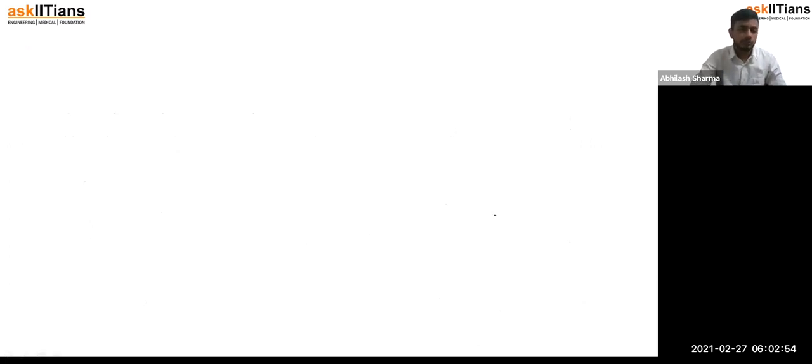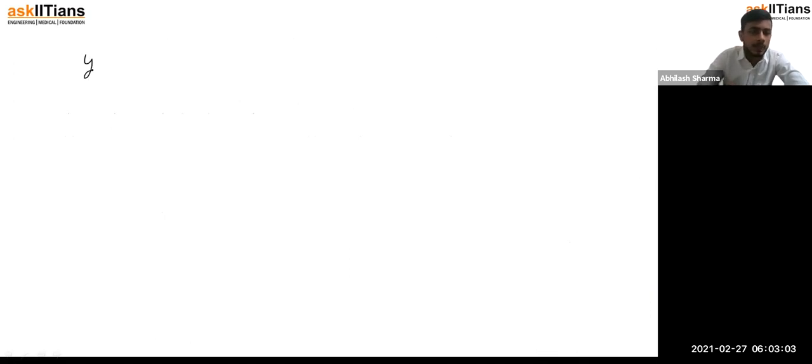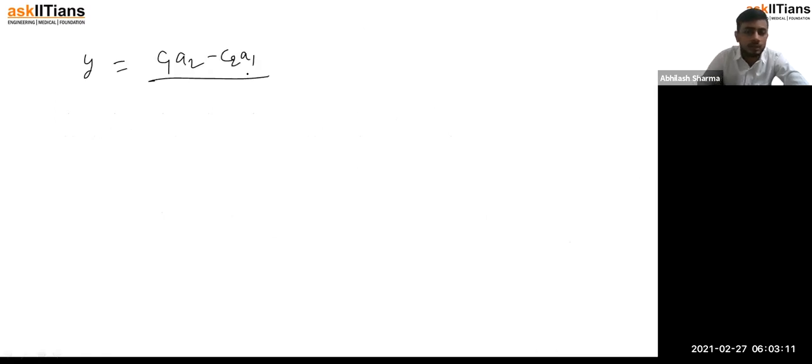Right now we just got the value of y. Let me write it down: y is equal to c1a2 minus c2a1 upon a1b2 minus a2b1. Obviously, if this is non-zero, then everything is fine because division is allowed.